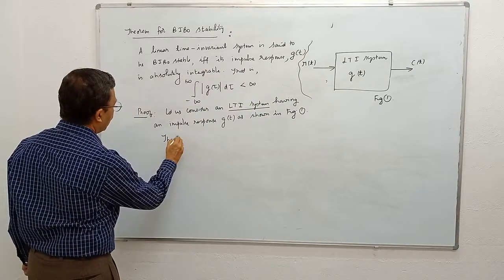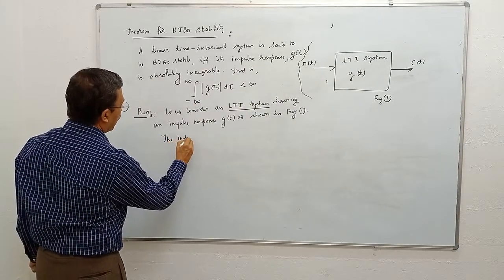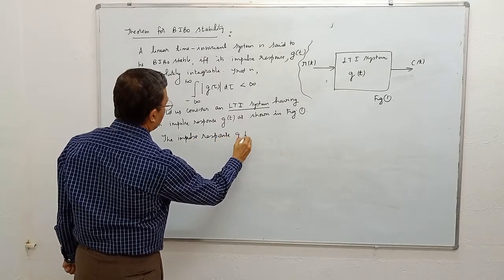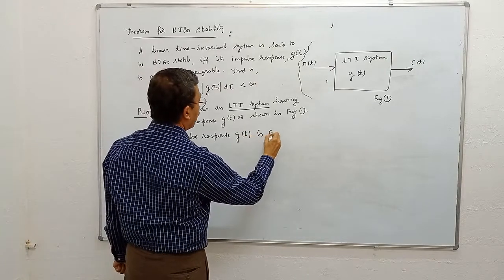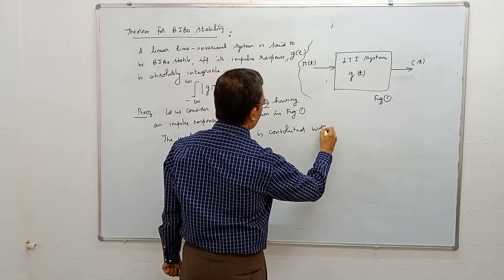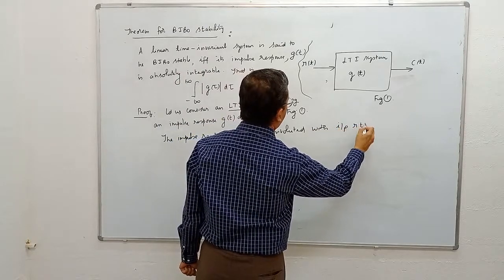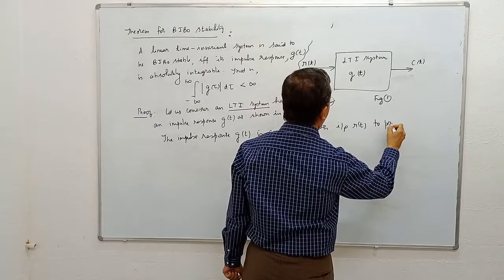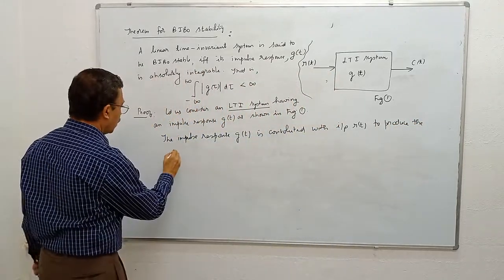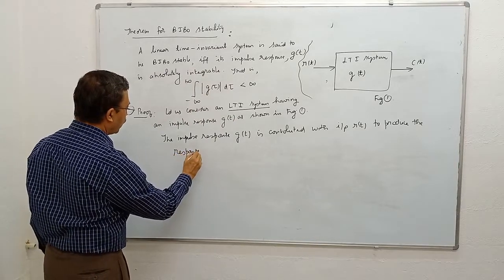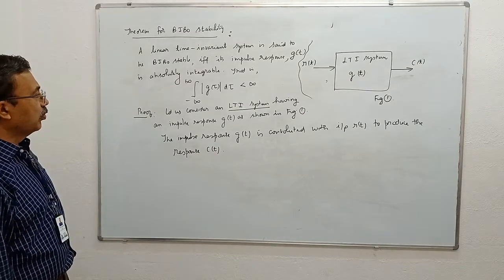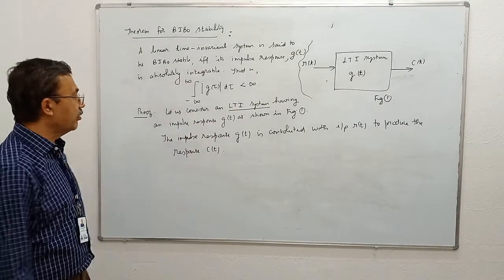The impulse response g of t is convolved with input r of t to produce the response c of t, and convolution is applicable only for LTI systems.